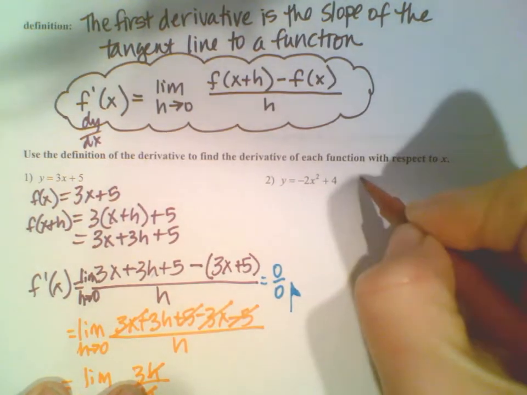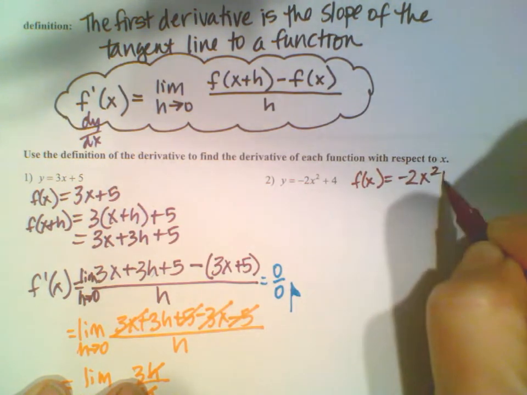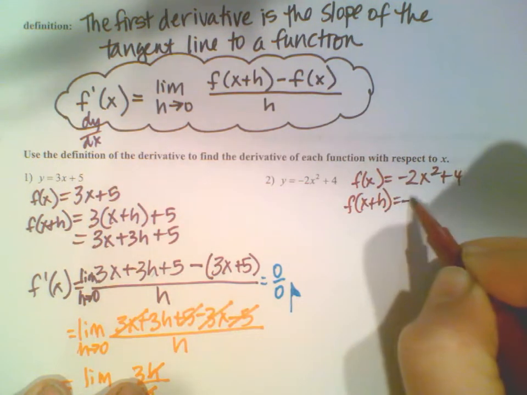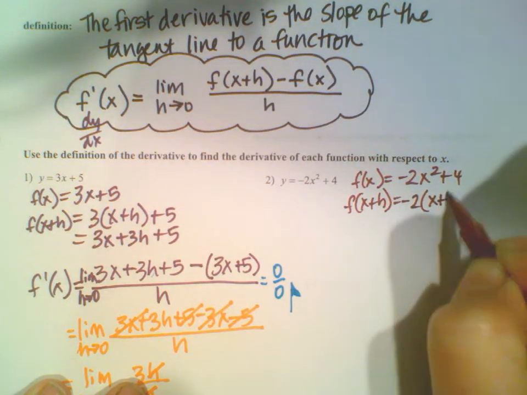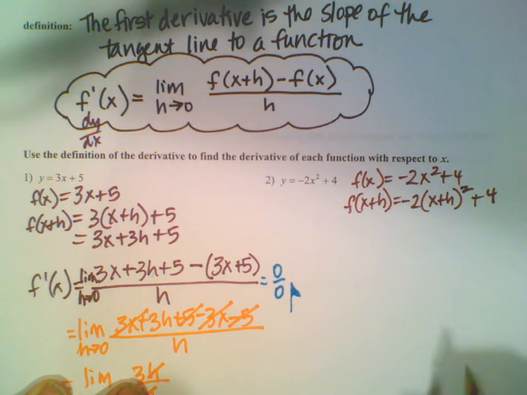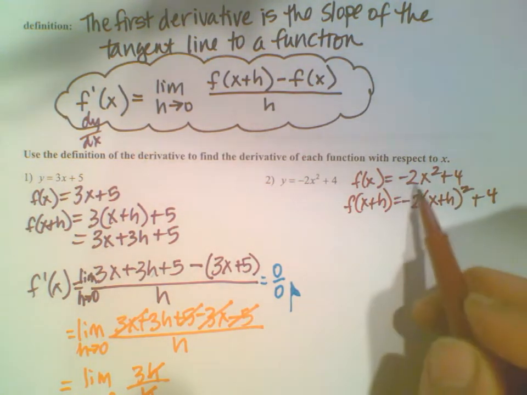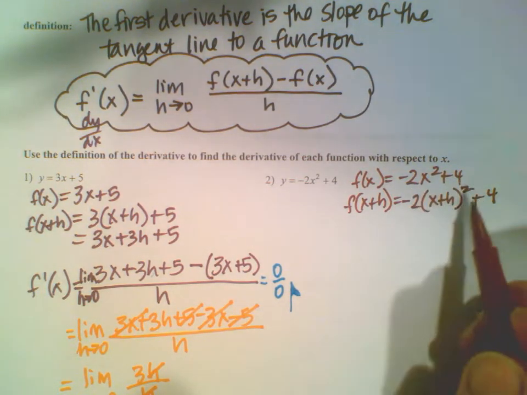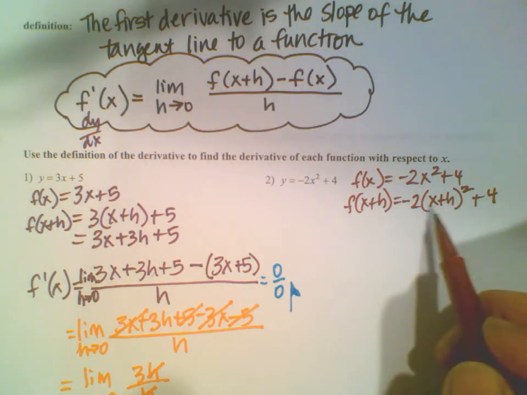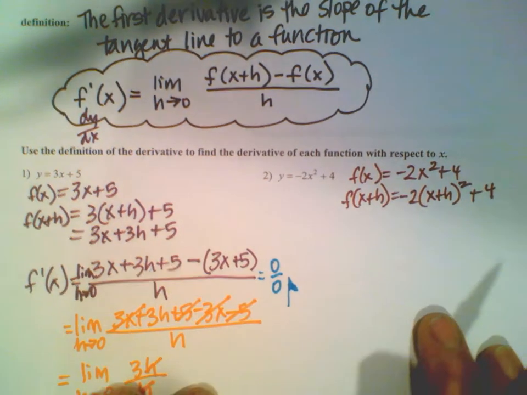So I'm going to rewrite this as f of x is negative 2x squared plus 4, and I need f of x plus h, which is negative 2, replace the x with x plus h, quantity squared, plus 4. And then what I like to do is rewrite this by doing the distributing, in this case the x plus h times the x plus h, before I put it in the formula.